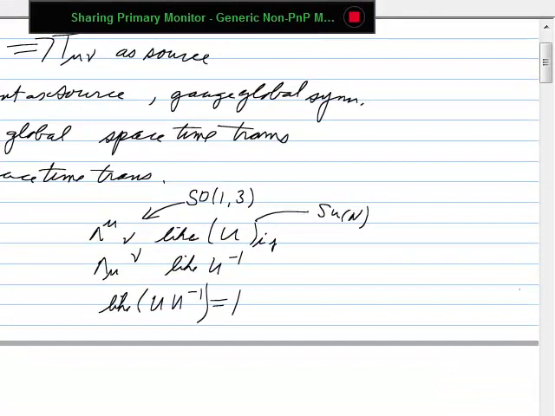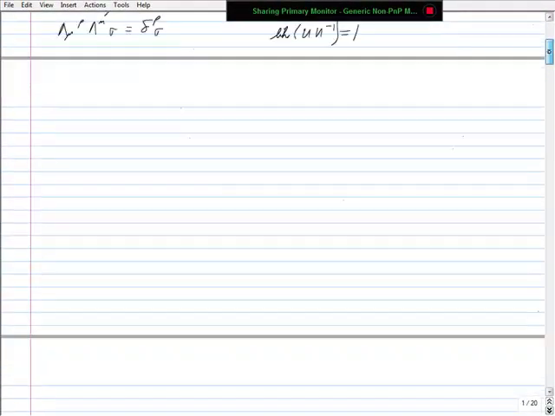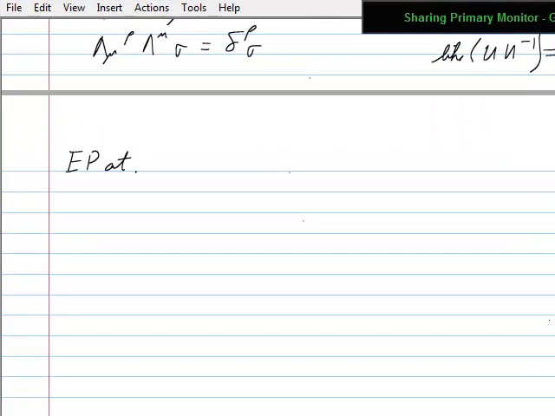So right before I gauge it, I want to do a little preview. It's the equivalence principle again at work. And here's the idea of local coordinate systems.